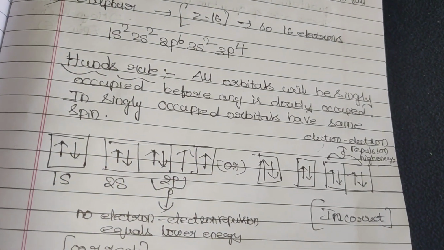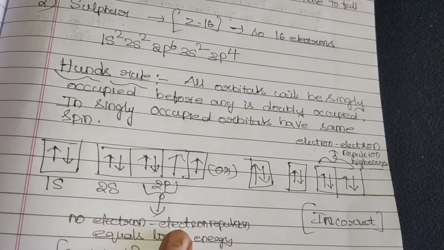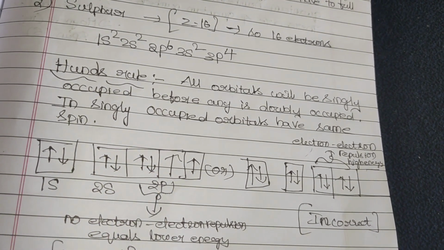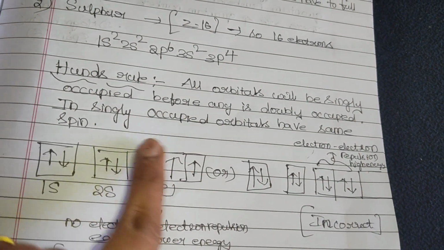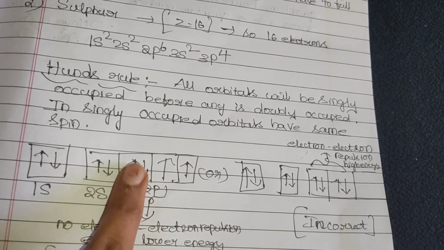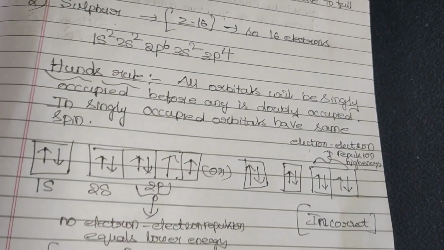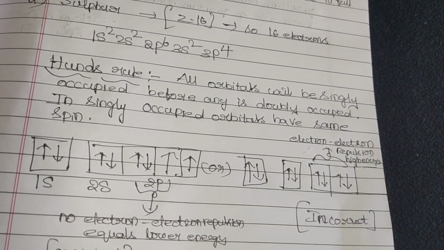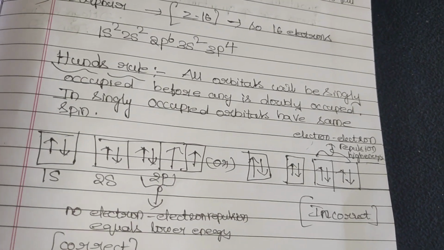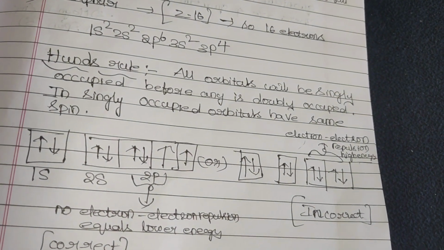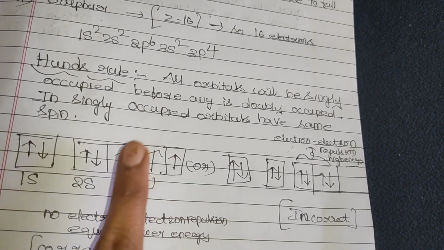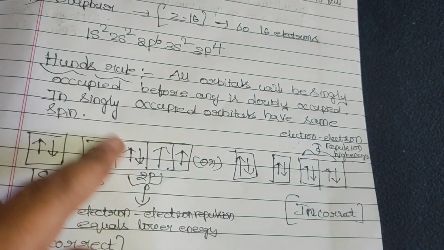Why should it be filled like this? Because there is no electron repulsion, so the energy is lower. When electrons fill with the same spin, there is no electron repulsion. When there is electron repulsion, more energy is needed. So to have lower energy, it first fills the same spins, and after that it pairs.